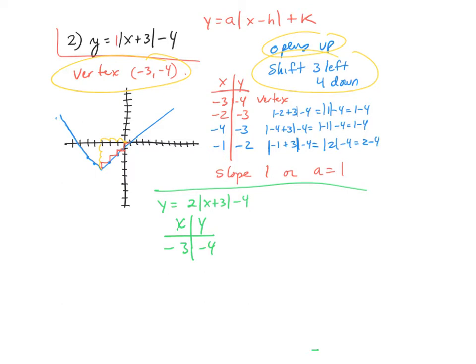The vertex is not going to change there. So it's still going to be at that -3, -4. Because again, this is your H, this is your K, and this is your A. A is equal to 2, H is equal to -3, K is equal to -4.